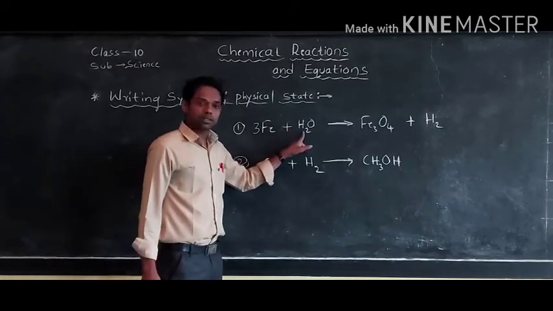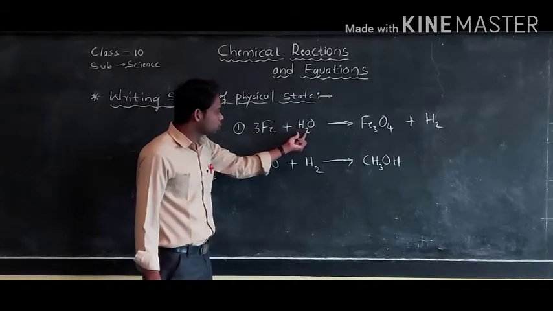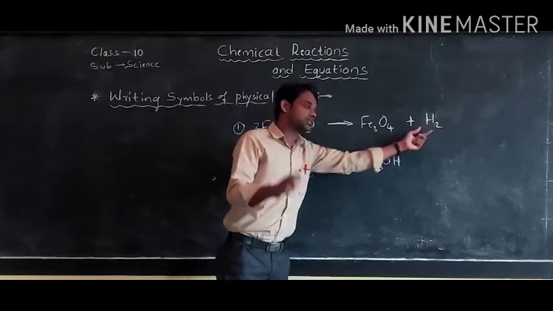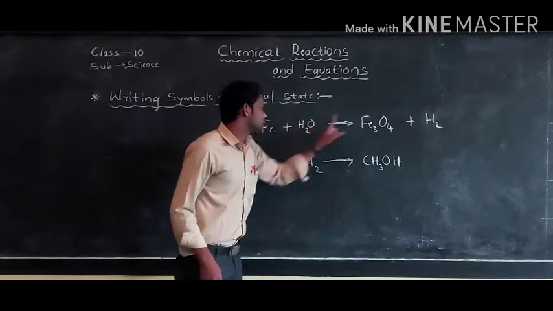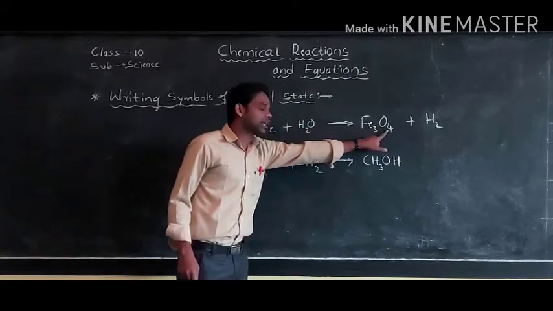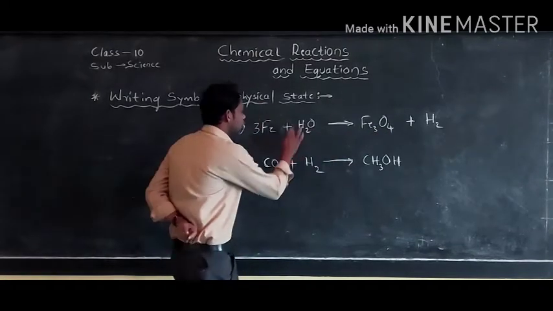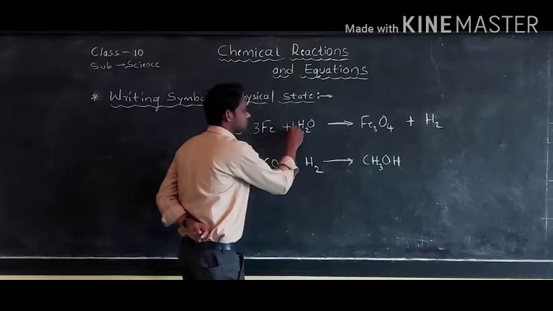Now hydrogen. The number of atoms of hydrogen is 2 and in the product also 2, so no need to balance. Oxygen next. Here the number of atoms is 4, so I have to balance the oxygen. So I will write 4 here.